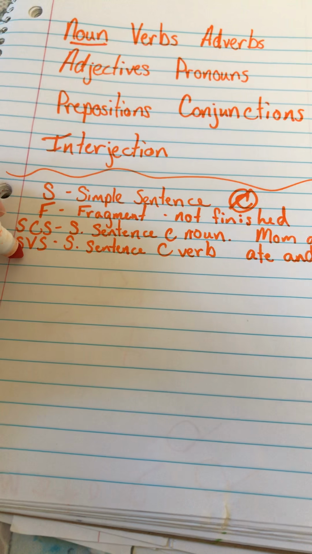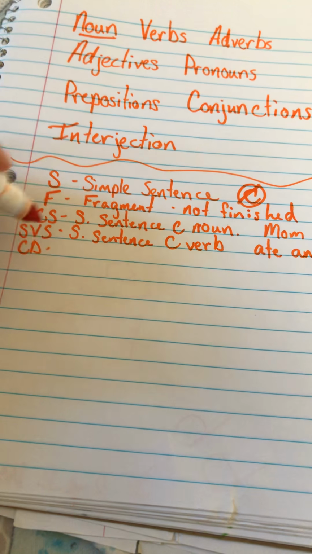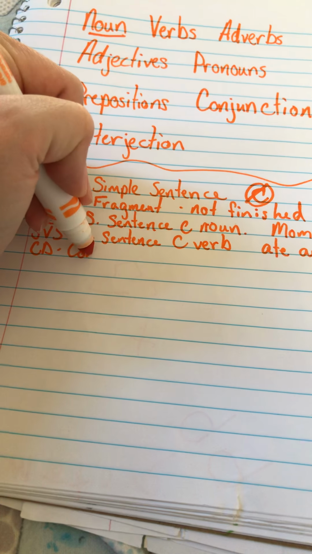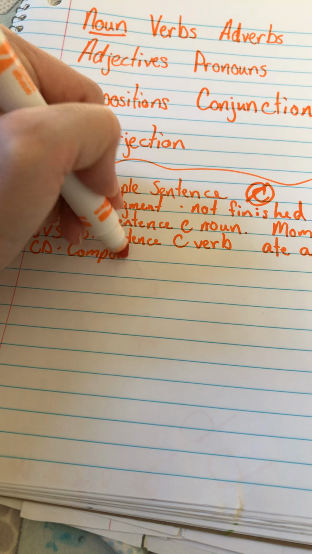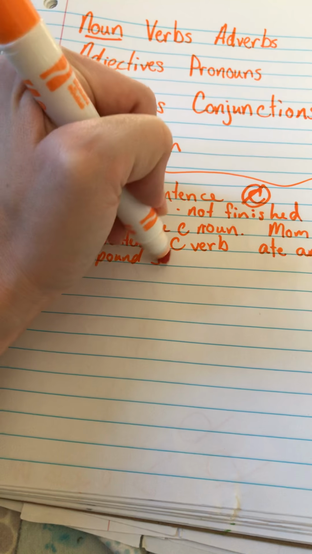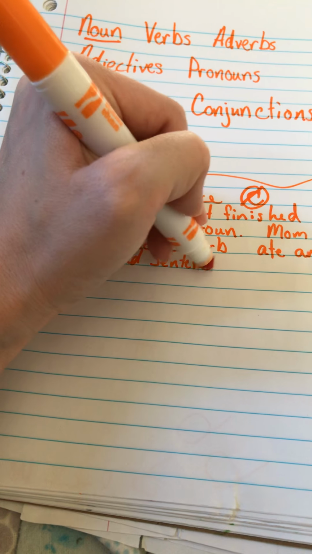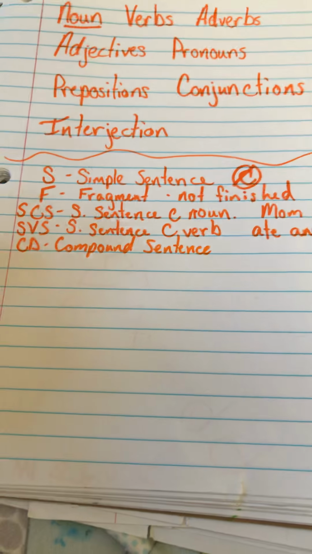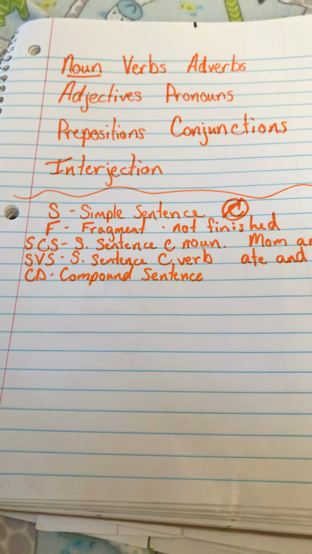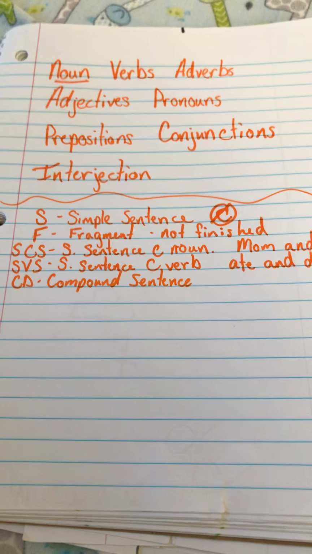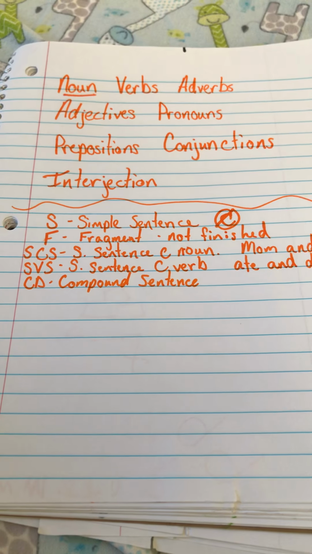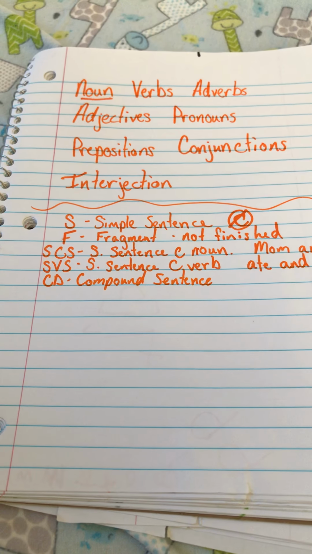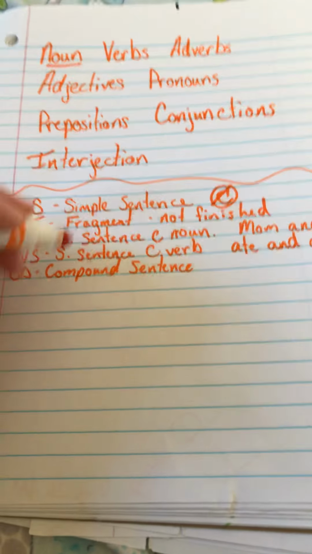Then we have a CD, which is a compound sentence. So that would be two independent clauses. Remember, an independent clause is a sentence that can stand on its own. So I'm going to give this one a little bit of space.